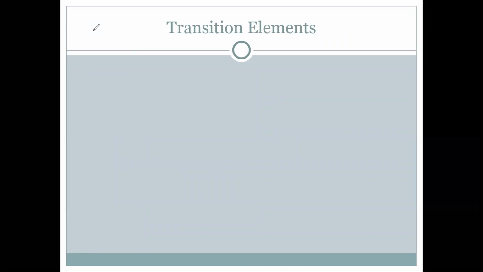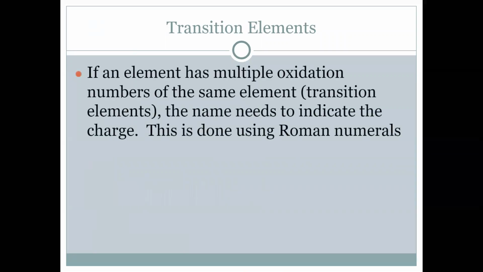Our transition elements, the fun ones. If an element has multiple oxidation numbers of the same element, or multiple charges, i.e. the transition elements, the name needs to indicate the charge. So this is done using Roman numerals.